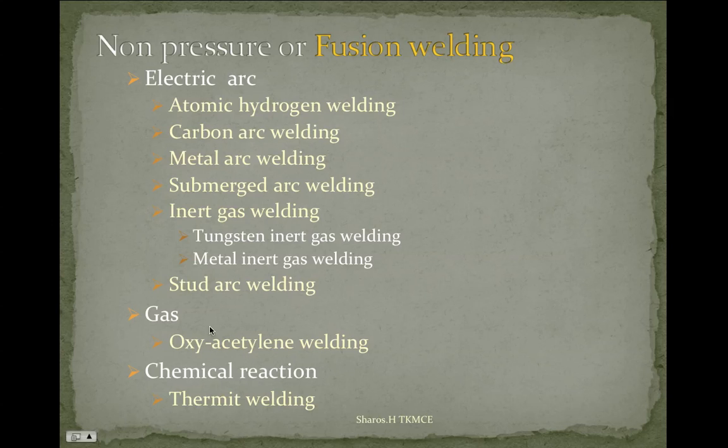In place of acetylene, you can use any gaseous fuel with oxygen for gas welding. Chemical reaction: thermit welding is one example, a welding process which uses the heat from a chemical reaction to melt the parent metals and get the joint.